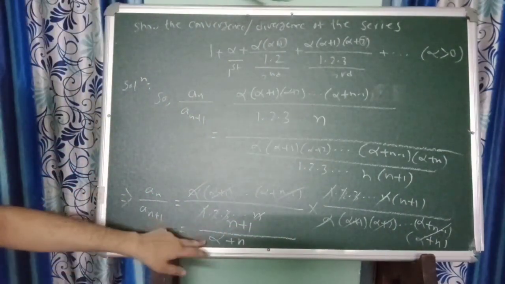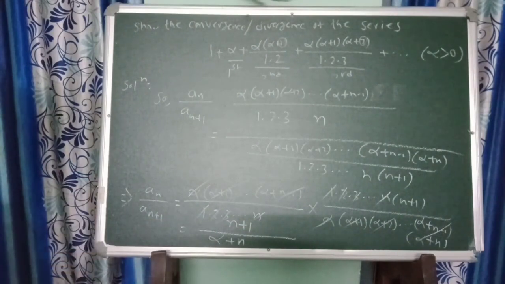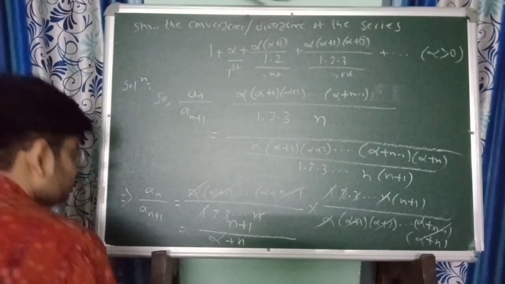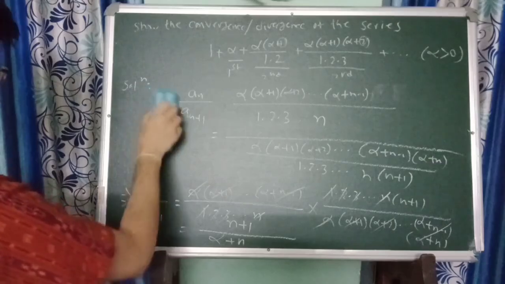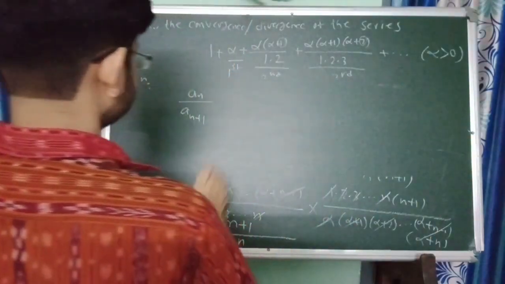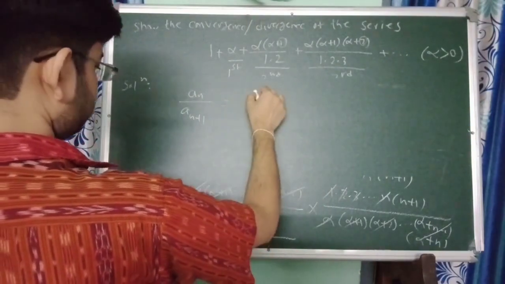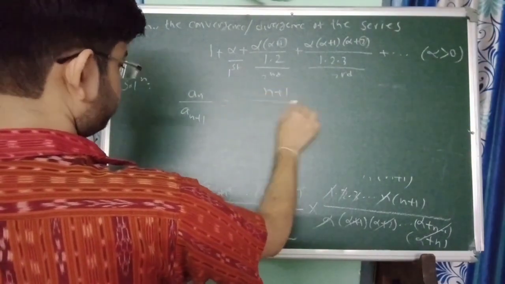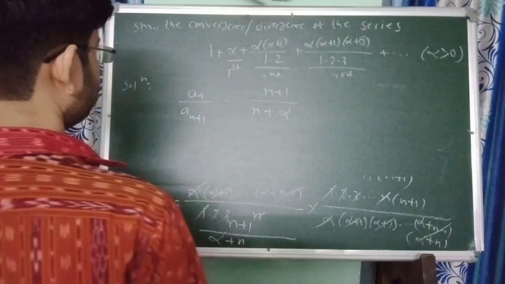So this is the ratio, n plus 1 divided by alpha plus n. So a_n divided by a_(n+1) is n plus 1 divided by n plus alpha.